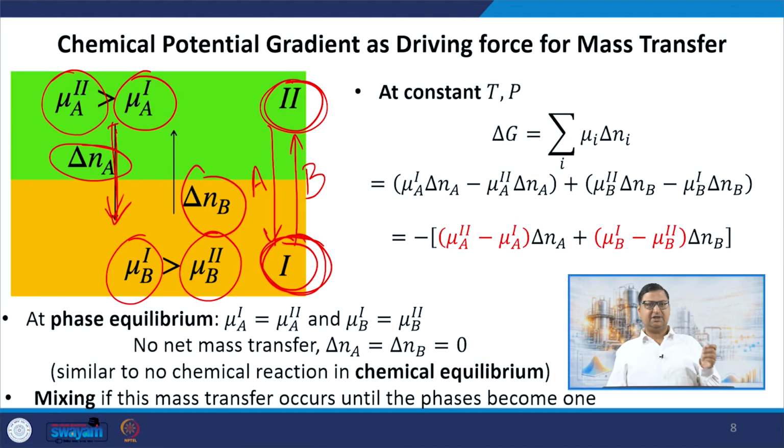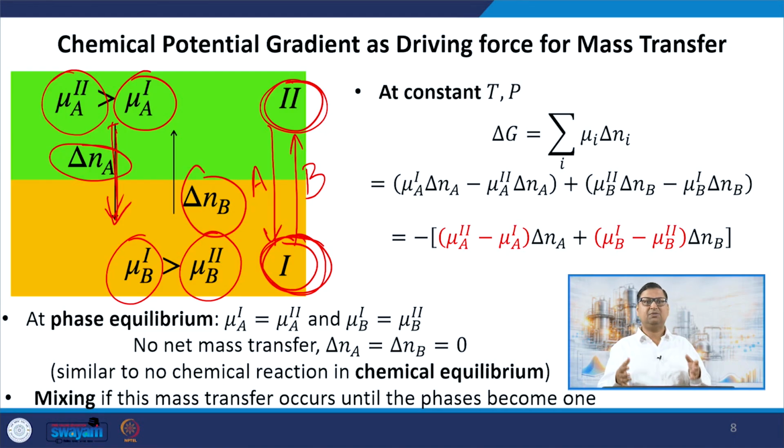Now, one thing you keep in mind, that the chemical potentials are not constant. Chemical potentials depend on the composition. So, as soon as there is a transfer of molecules or moles of components from this phase to the other, chemical potentials are going to change because they are composition dependent. We have taken the temperature and pressure constant, but there will be a composition dependence.